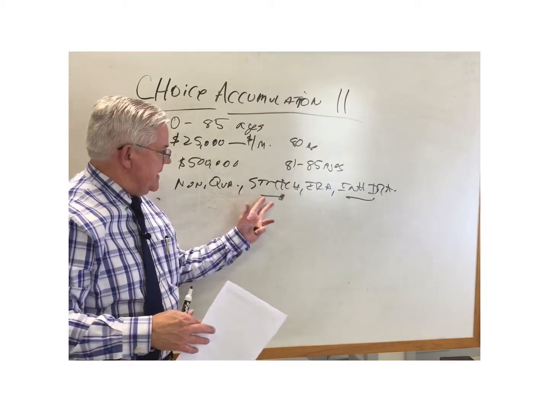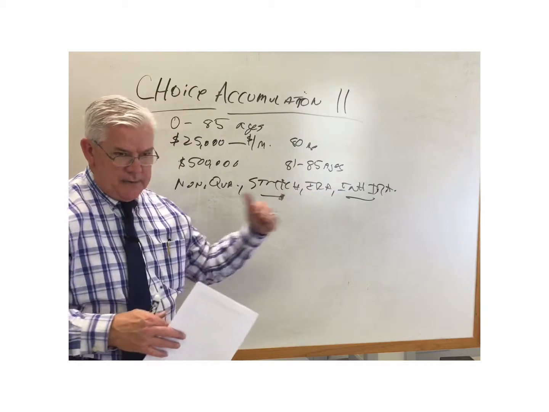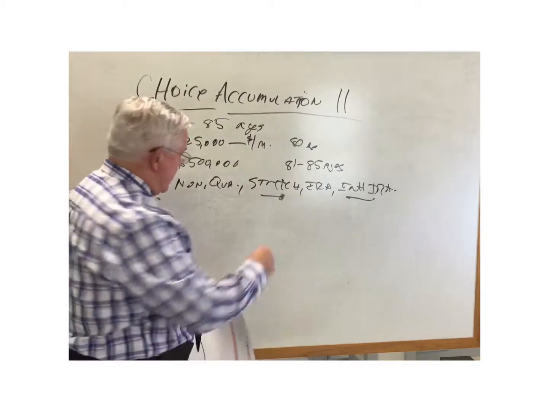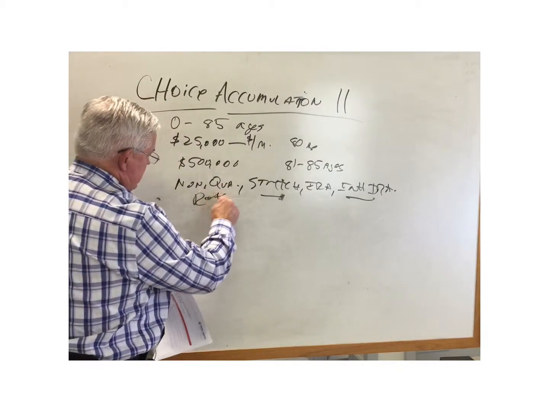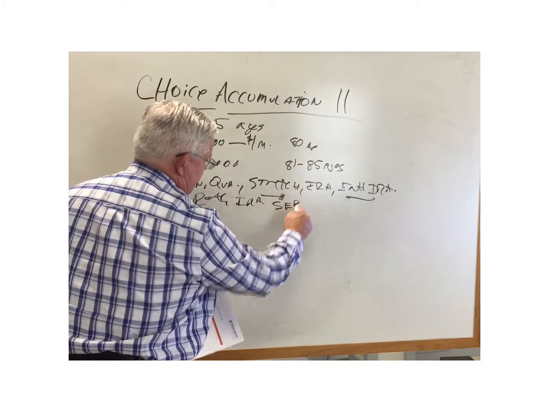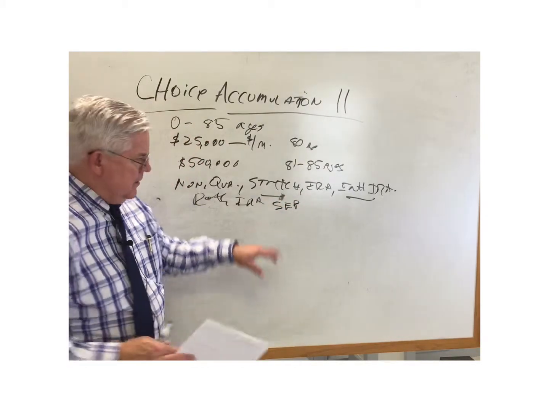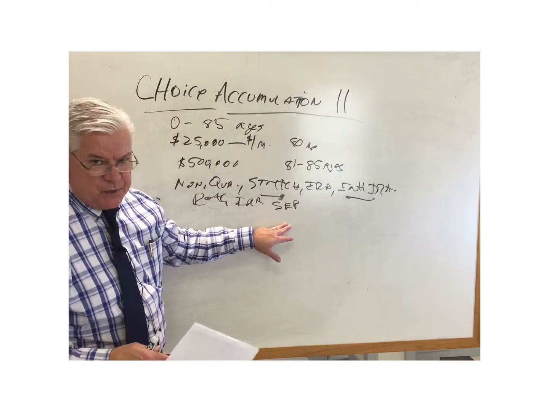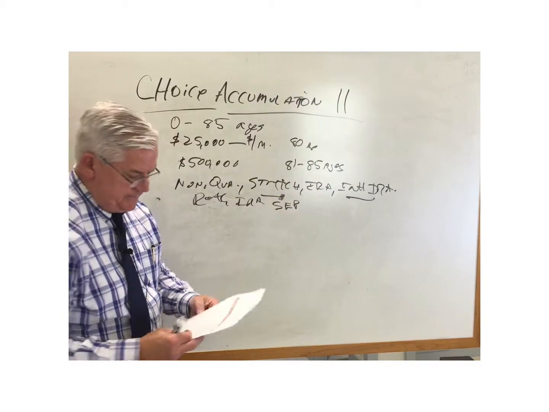You're basically taking the money over an extended period of time to keep the taxes down. And then of course you also have Roth IRAs, and SEP, which is Simplified Employee Pension, which basically is a fancy word for an IRA for a small business owner. It's called SEP.